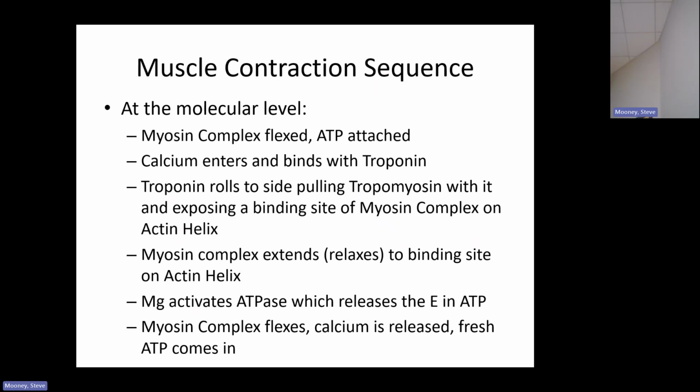So we keep reaching to the next spot and contracting. And we keep doing that till what? Calcium goes away or ATP goes away. We need both. So calcium goes away.